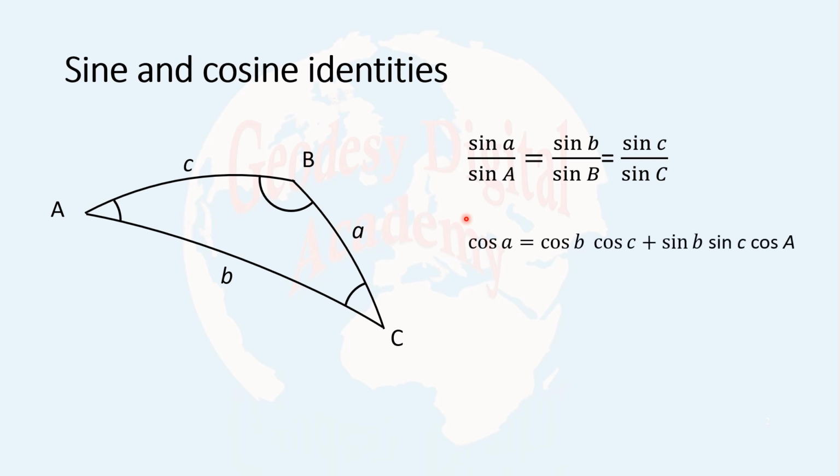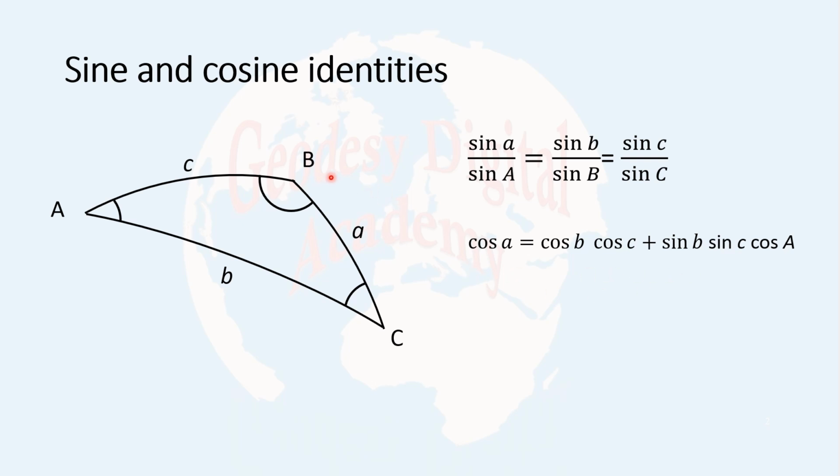The cosine rule can be defined like this. I explain the first one based on the arc a, and you will learn how to write this identity yourself.